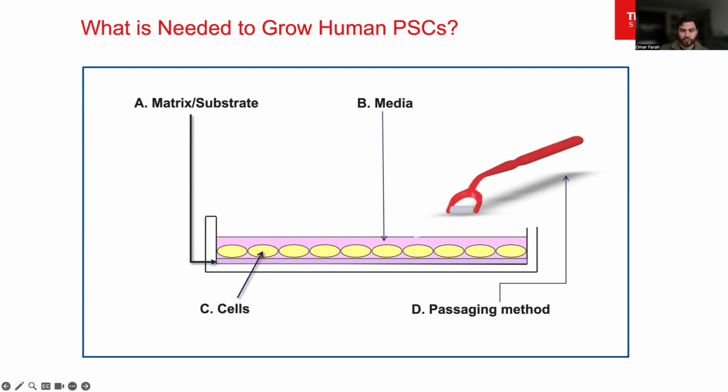So these cells do not persist in the adult body or the growing fetus. In our culture conditions, if we really want to maintain these cells as pluripotent stem cells, in that state that they typically don't stay in for a very long time, we have to make sure that we provide them with the right culture conditions. The reason it's important to pay attention to PSC culture specifically is their capacity to change.